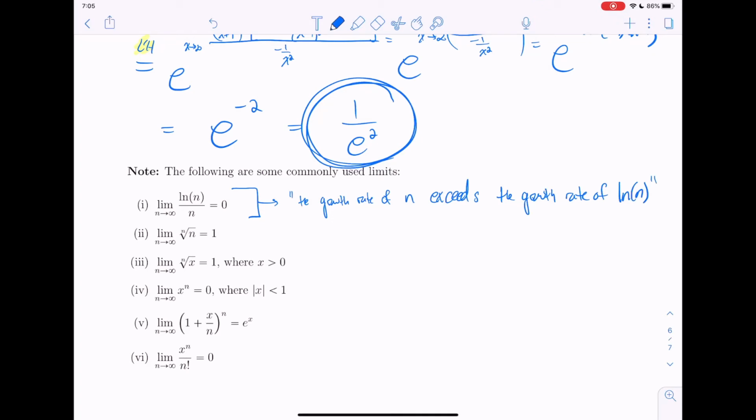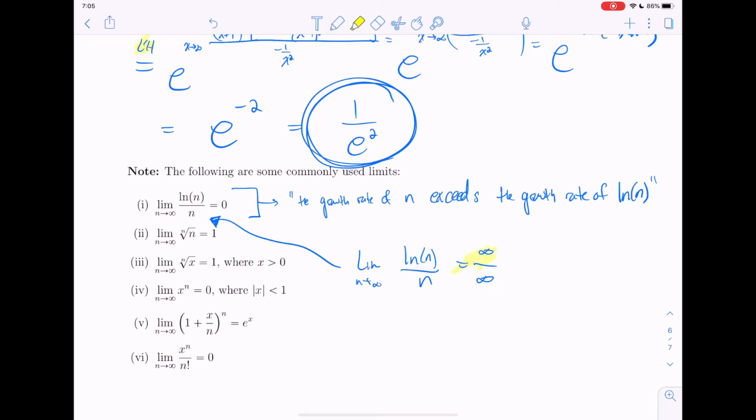Because if we think about this sort of picture right here, I want you to think about this quotient as some sort of a competition. Right? Because as we take the limit as n goes to infinity of the ln of n over n, this is going to infinity over infinity. So they're both blowing up.